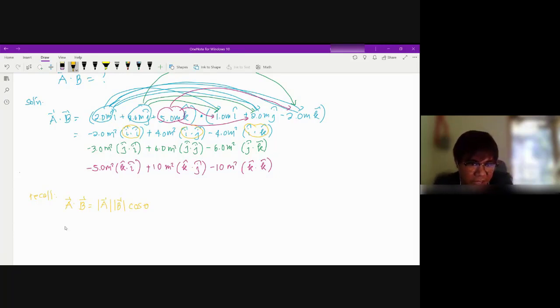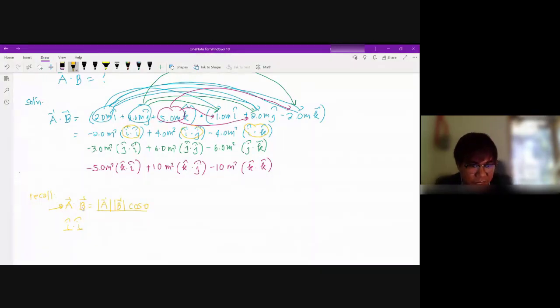So now, if I have i dot i, remember, i hat, j hat, and k hat are also vectors. They are unit vectors, right? So they still obey this general rule, this definition.